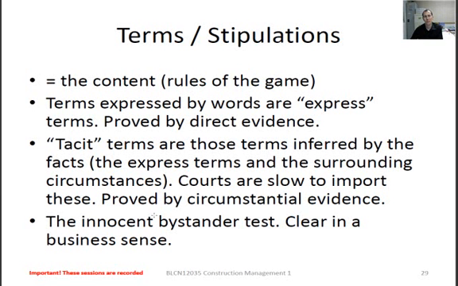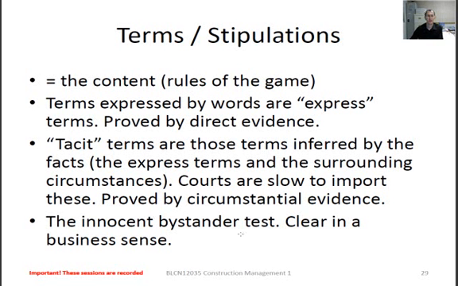It sets up the game plan between the two players or the parties to the works, and then of course we also have expressed and tacit or implied terms. Tacit is always the soft ones, difficult to prove, and it's based on the circumstantial evidence that's available at that time.